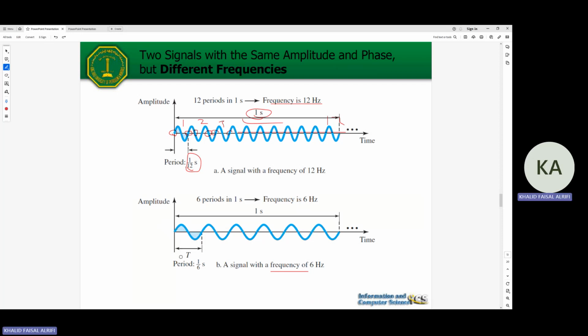But yeah, this is the first, then the second, then the third from here to here, then the fourth from here to here, then the fifth here, and maybe the sixth here. Okay, I hope it's clear. So here the period is 1/6, and the frequency is 6 hertz in 1 second.